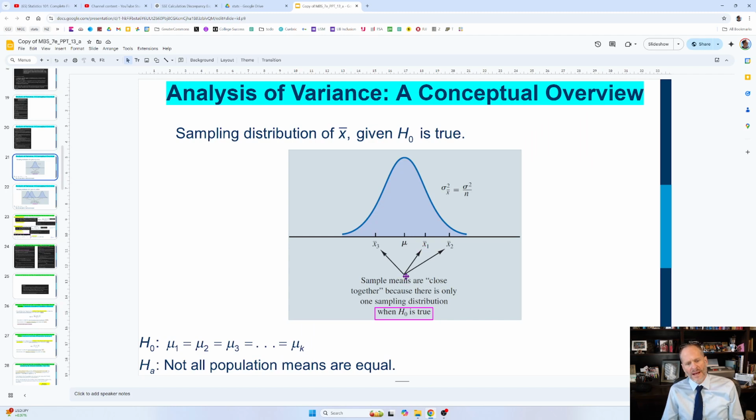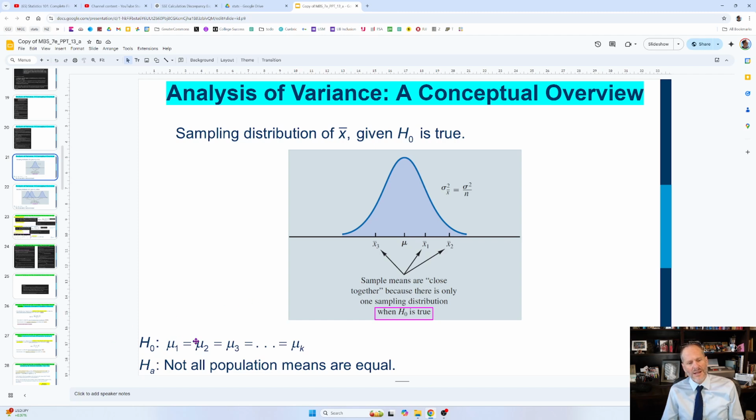The samples are inferences for the population mean. So this sample is an inference for this population mean, this one's for this population mean, and this one's for this population mean. And if they're all equal, that means they're all the same population mean, and they're all using the same probability distribution.